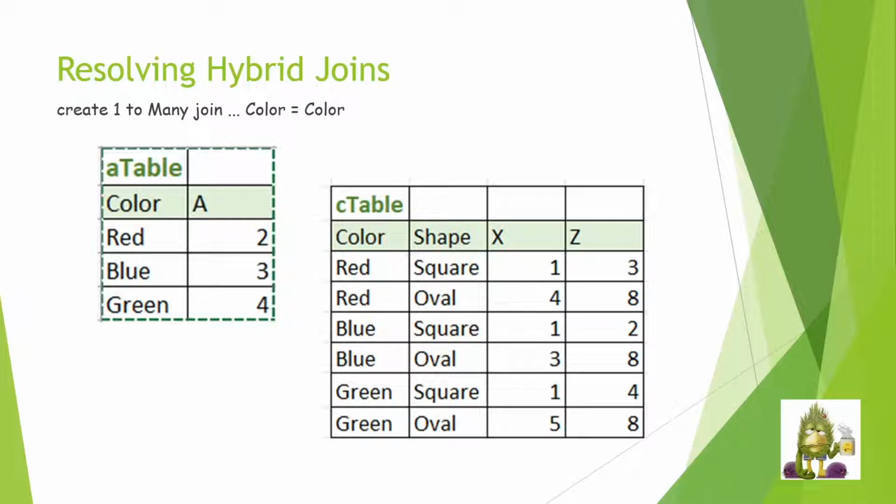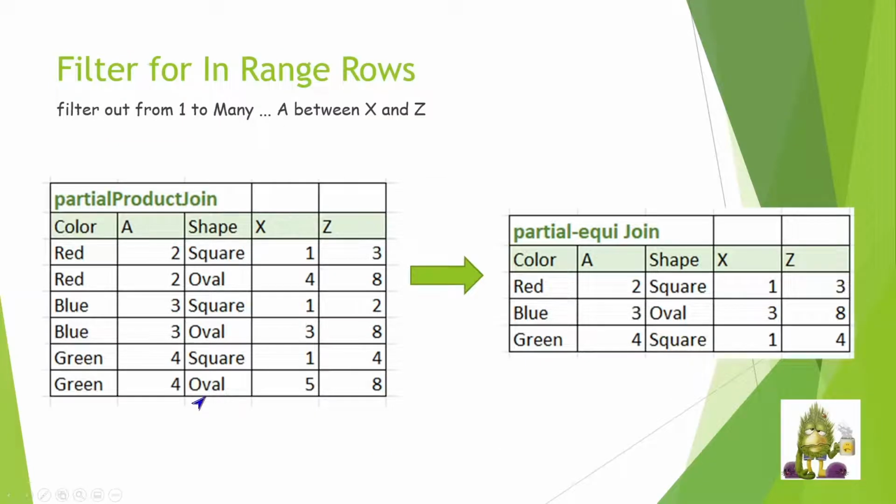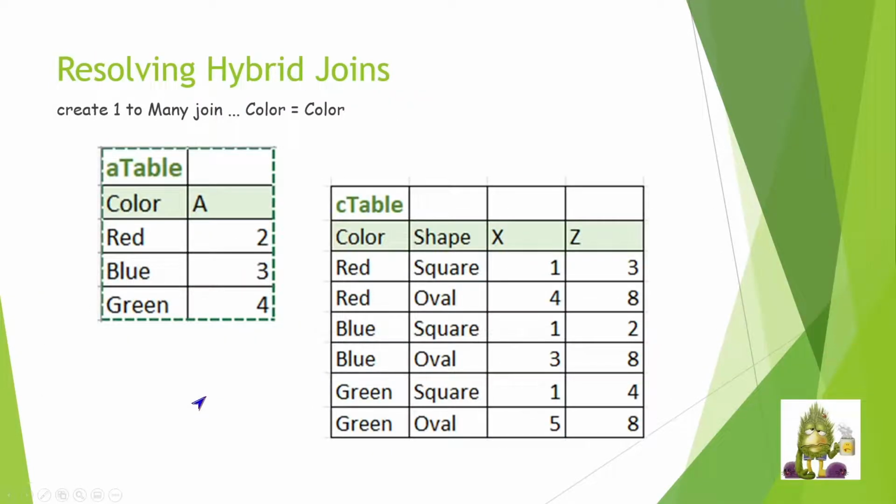So when I want to process this and get the banded data out, the first thing I need to do is to create what is considered a one-to-many join, and that is where each record in table A is joined to each of the records that match by color in table B, or in this case, table C. And that gives you a number of records that depends upon the matches that go on.